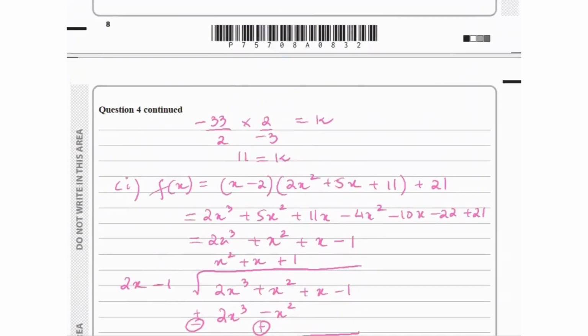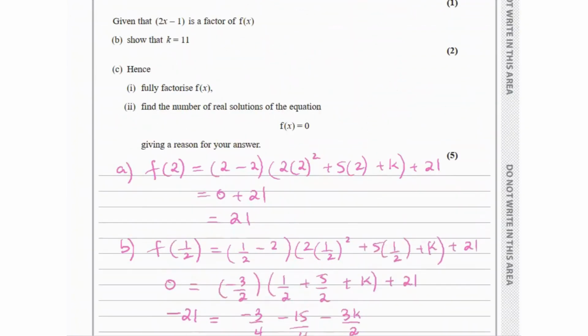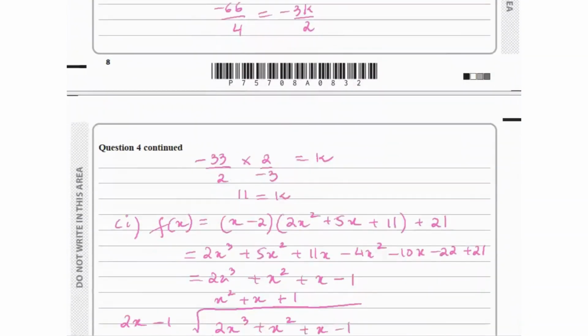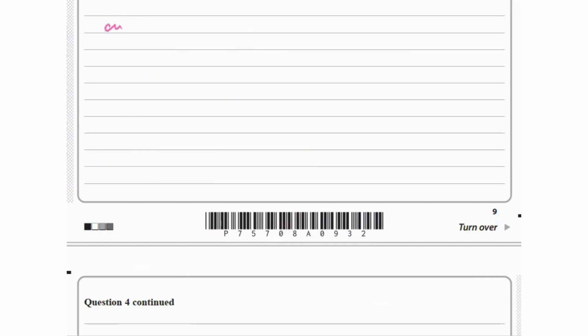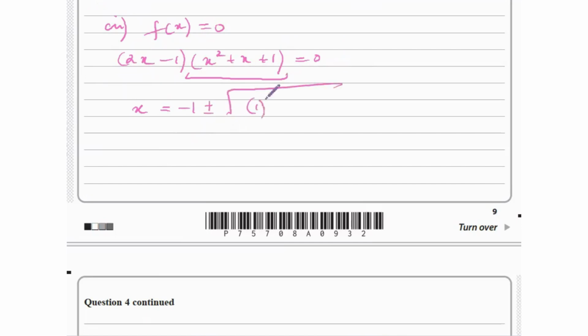Then, in the second part, it was saying that hence find the number of real solutions to the equation f of x equals to 0. So f of x equals to 0. f of x was 2x minus 1 times x squared plus x plus 1 equals to 0. So now we need to factorize the quadratic equation to see if there are any real solutions. So x equals to -1 plus minus root of 1 squared minus 4 times 1 times 1.